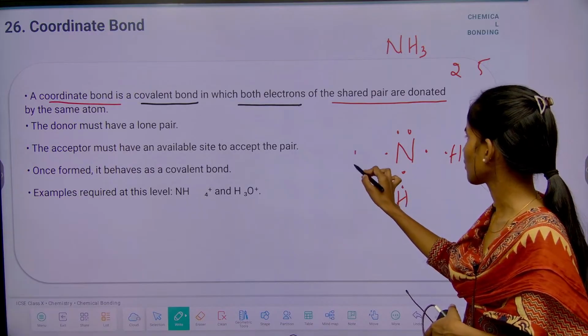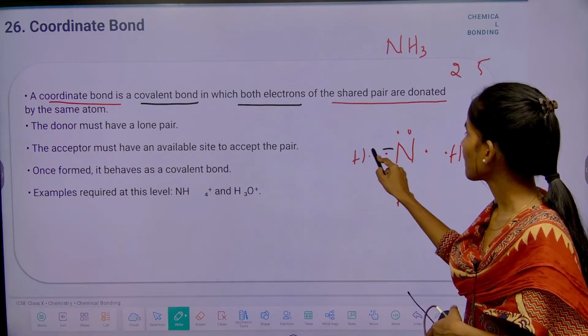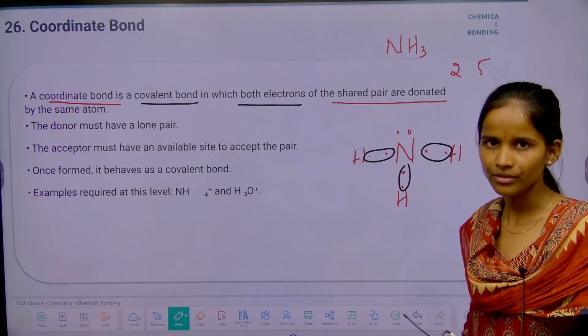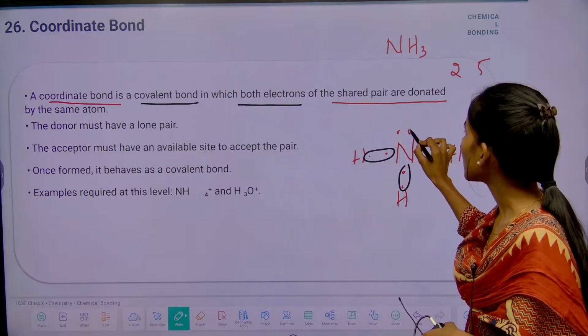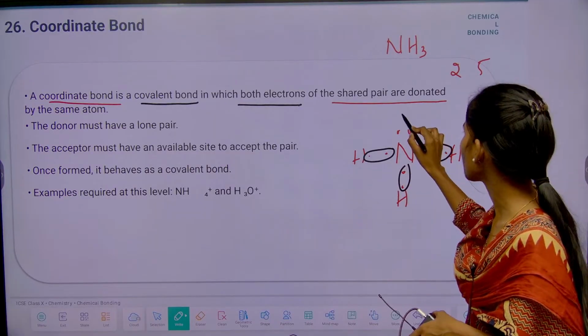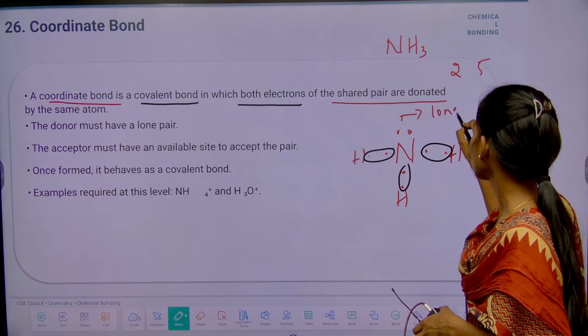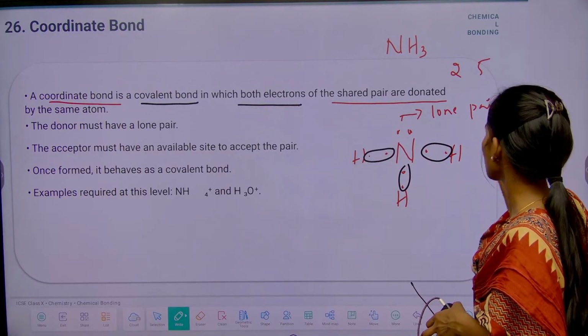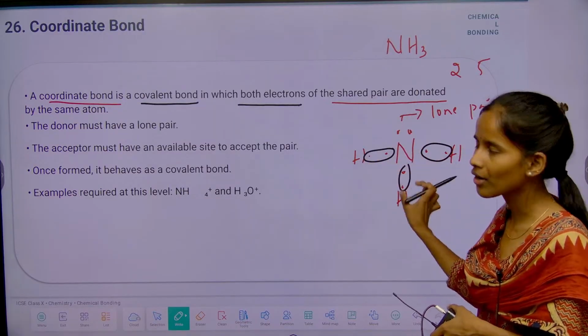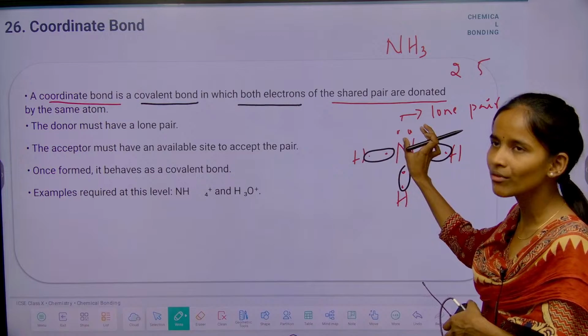It forms covalent bonds by sharing of these electrons, fine. Now these extra electrons that are there, we call a lone pair. What is a lone pair? The pair of valence electrons which does not participate in the bond formation. Here they are not involved in bond formation, right?